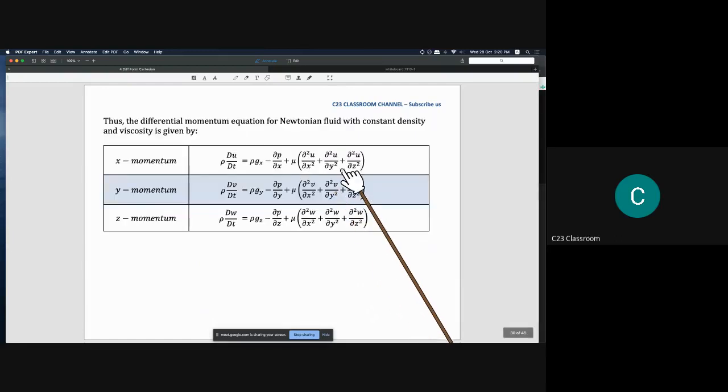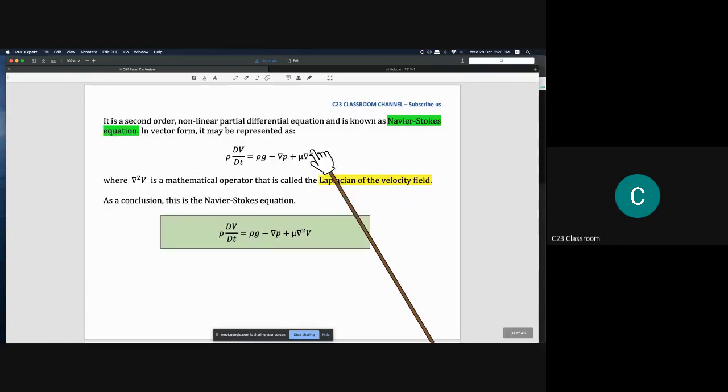Because here we have del square over del x square plus del square over del y square plus del square over del z square. The nabla itself is actually del over del x plus del over del y plus del over del z. Because all of these terms have quadratic values here, it becomes nabla square.